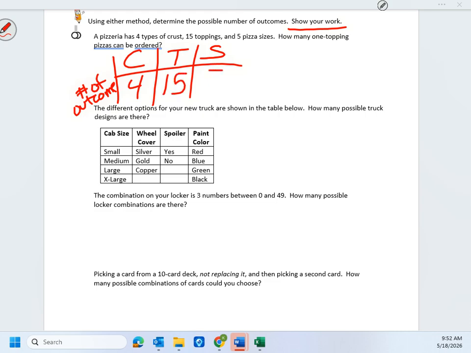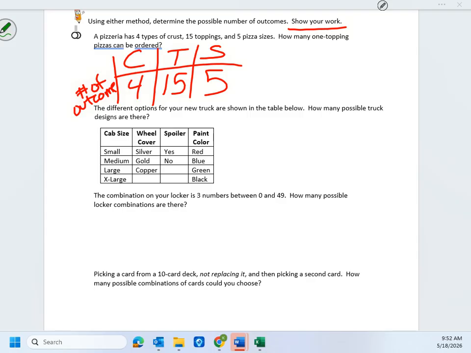Audrey, 5. What is my final answer? How many outcomes are there? All together, how many outcomes do we have? Yep, you're gonna want your calculator. Andrea. Okay, good catch. Go back and multiply.